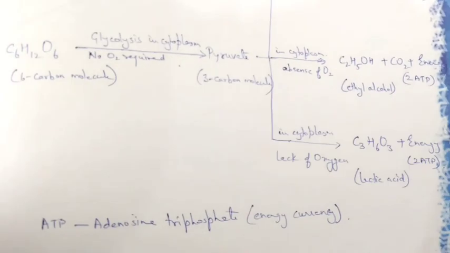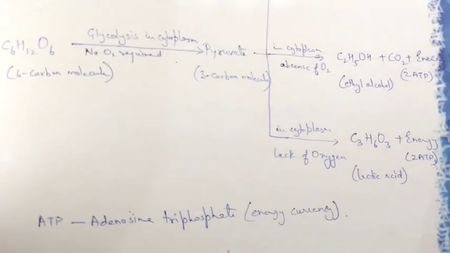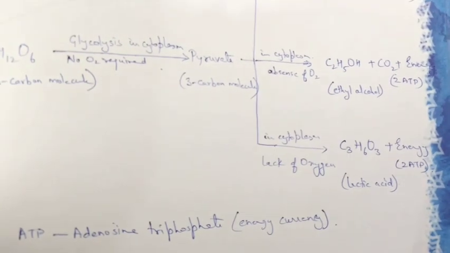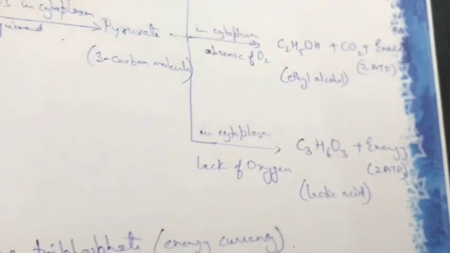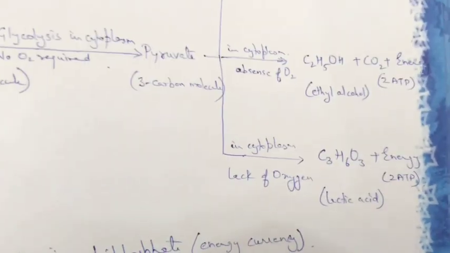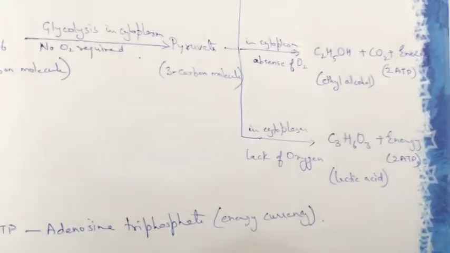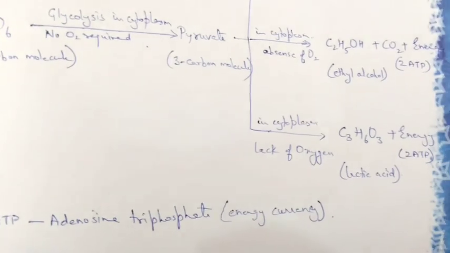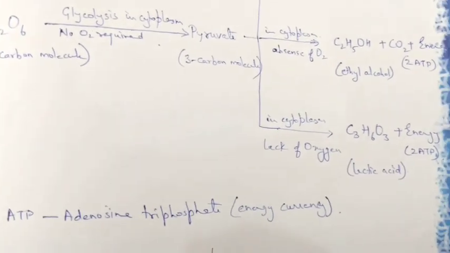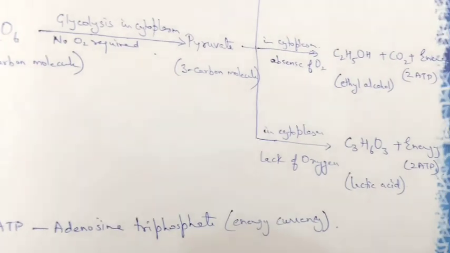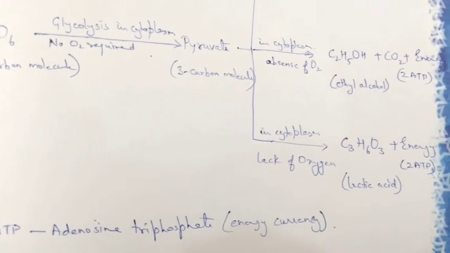During this process, the pyruvate is converted into lactic acid, a 3-carbon molecule. In both these cases, that is in the absence and in the scarcity of oxygen, only 2 molecules of ATP are released. That means in anaerobic respiration, a smaller amount of energy is released.